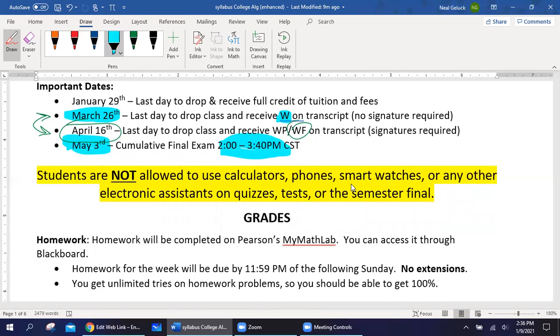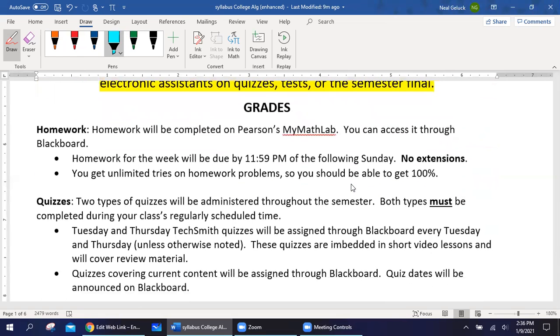How you will be graded in here. Homework will be assigned in Pearson's My Math Lab. And I will have a separate video where I explain how to use Pearson's and how to get signed up for all that. There'll be a link on Blackboard. Basically, homework for an entire week will always be due the following Sunday.